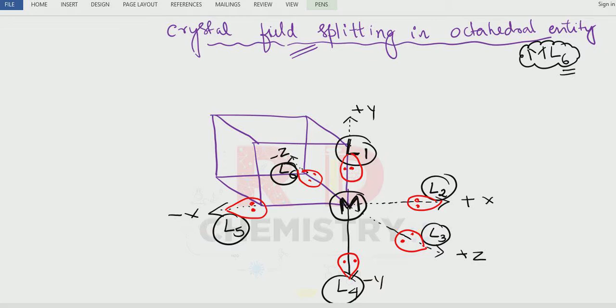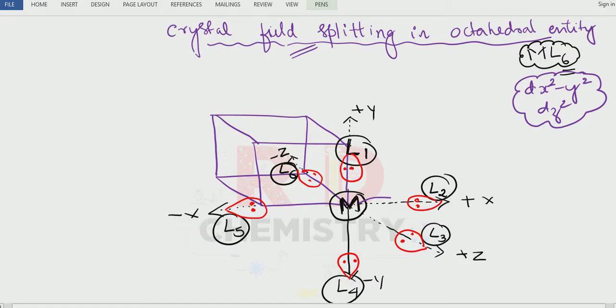Now I'll draw the orbitals of the metal. I'll draw on the axis only. Okay, so metals have got dx square minus y square and dz square. These two orbitals have their lobes on the axis, so I'm going to draw them on the axis. dx square minus y square on the x axis and y axis, and dz square on the z axis, correct?